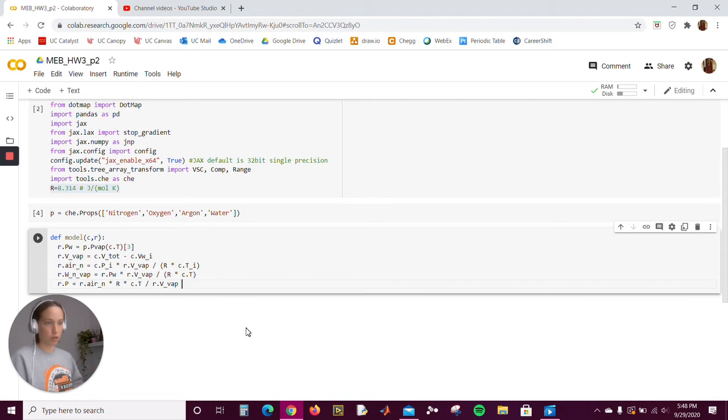So this is the partial pressure of air, because again this is for total pressure, R dot P, plus R dot partial pressure of water, which the equation is for up top.